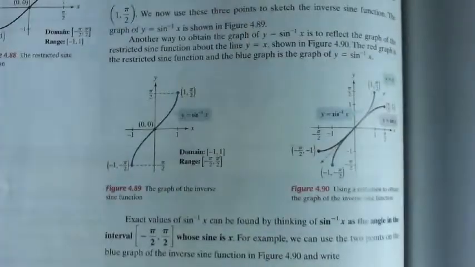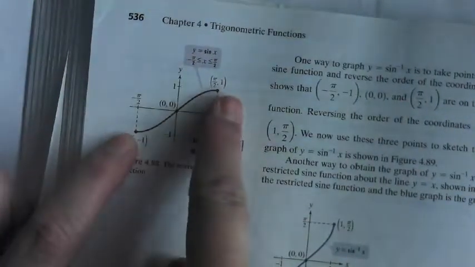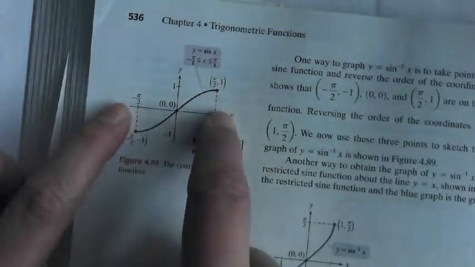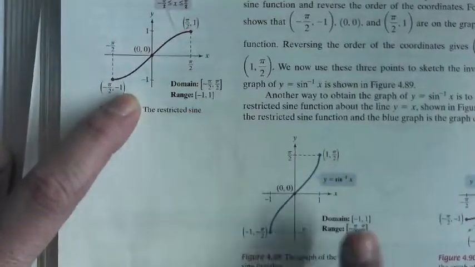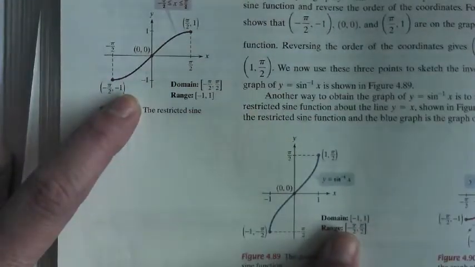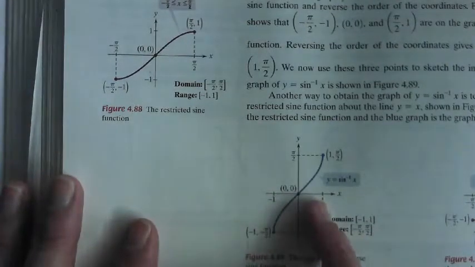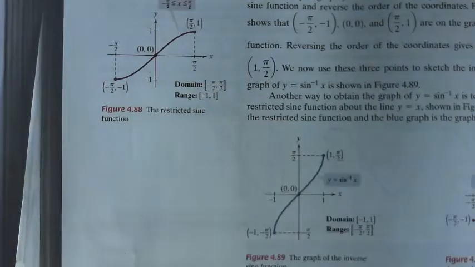Here is the sine curve that we just drew. Okay, just the section of the sine curve that we want. And see how their scale is pi's on the x's and 1's to negative 1's on the y's. Here's the inverse sine. They had to switch the scale. The x's went from negative 1 to 1, and the y-axis went from negative pi over 2 to pi over 2.